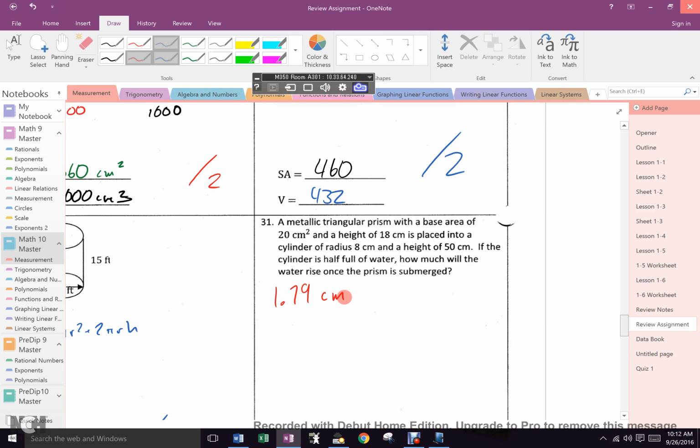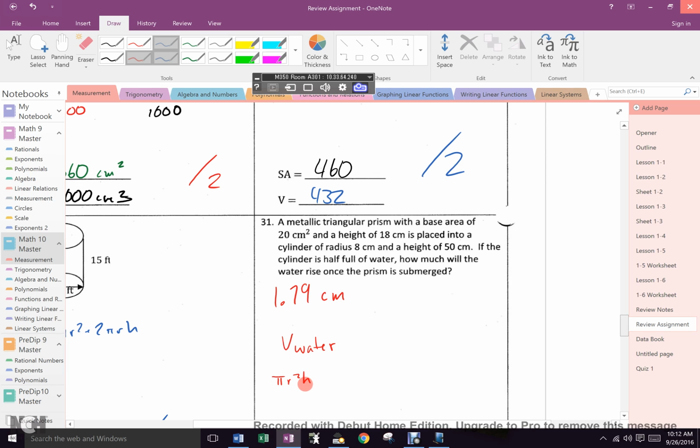But I will tell you that it has to do with the volume of the water. And since the volume of the water is a cylinder, it's pi r squared h, correct? That's the volume of just the water. Everybody with me?